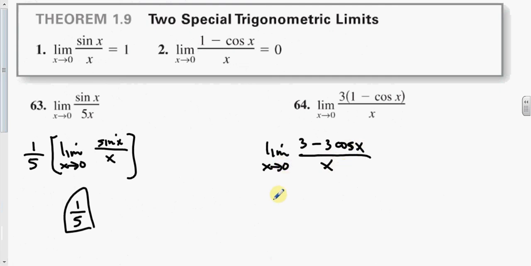You can break this up into two parts. We're going to use this guy right here. And so let's put that 3 back where it was.